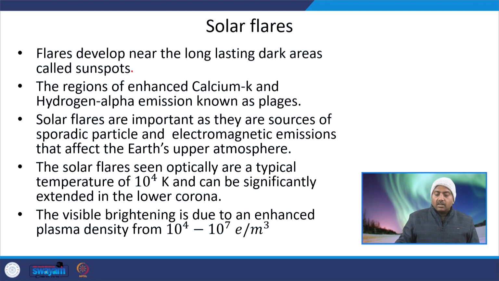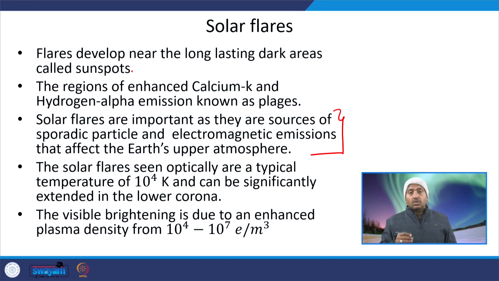So solar flares are very important as they are sources of sporadic particle and electromagnetic emissions that affect the Earth's upper atmosphere. This is what I wanted to emphasize. So during solar flares, larger electromagnetic energy output can be expected at the Earth's upper atmosphere, which may impact photoionization, ionospheric electron densities, and so on.